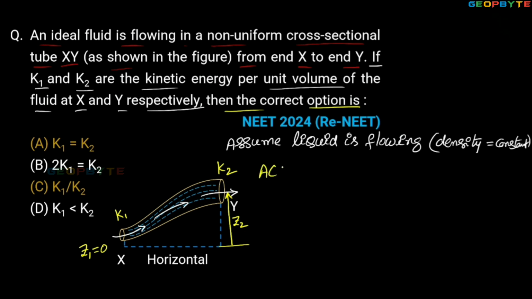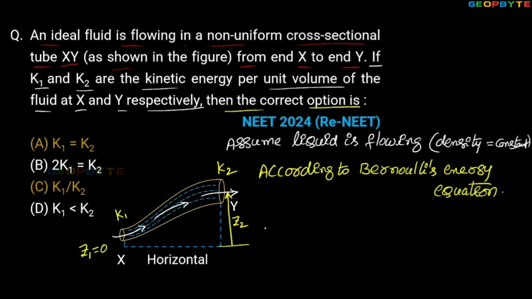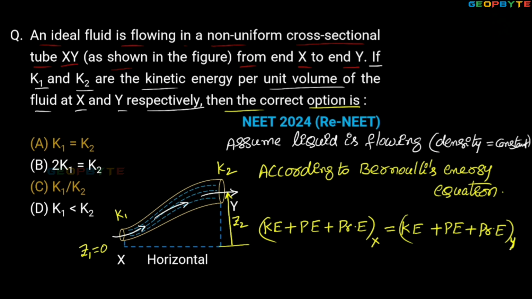Now for deciding the kinetic energy relation for X and Y, let us take the Bernoulli equation. According to Bernoulli's energy equation, the sum of the kinetic energy, potential energy, and pressure energy at state 1, that is at X, equals the sum of the kinetic energy plus potential energy plus pressure energy at Y. Now it is given that kinetic energy at X is K1.